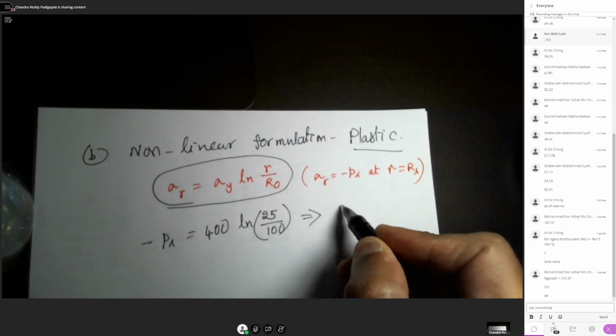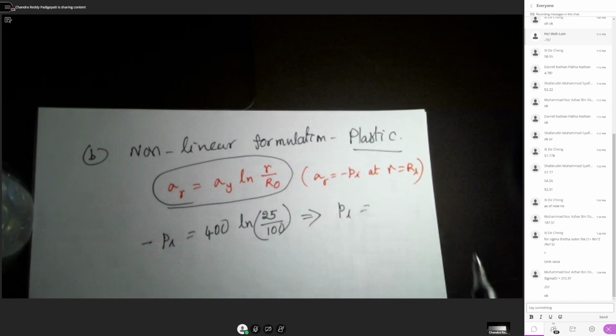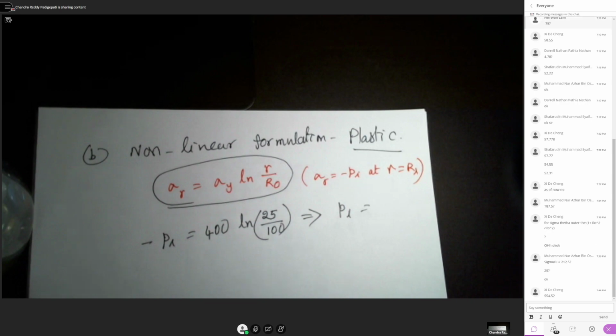So calculate what is the pressure Pi. It's 554.52, that's correct, with a negative sign.